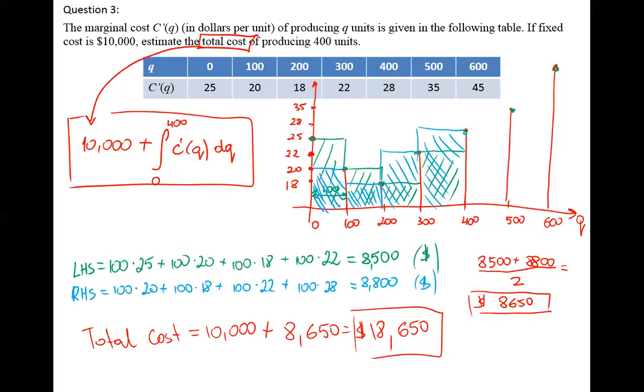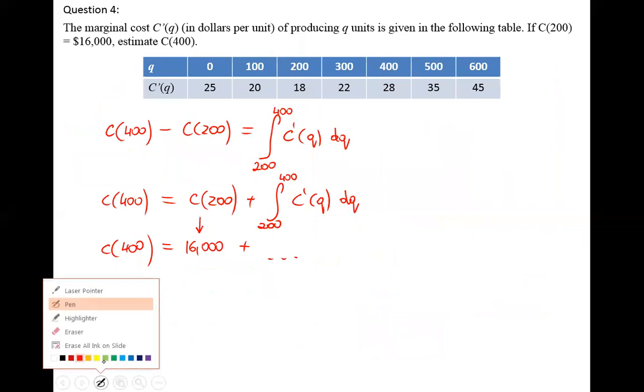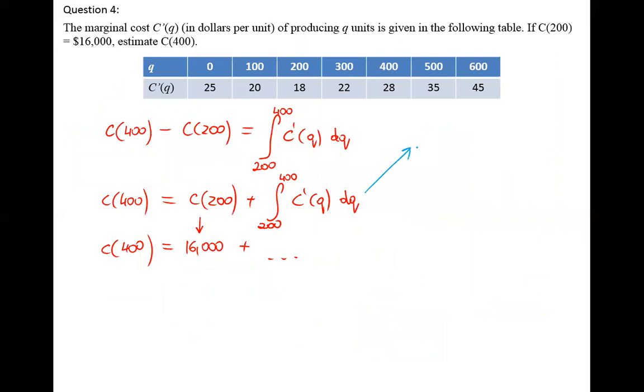Blue was the right-hand side, which will give me just 22 and 28, correct? We know where the values come from, which is 5,000.